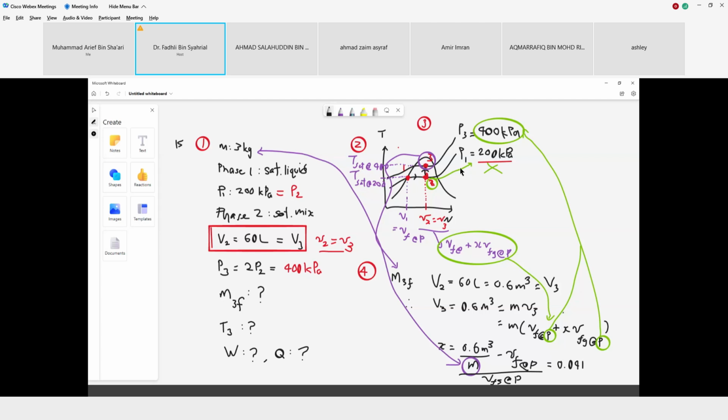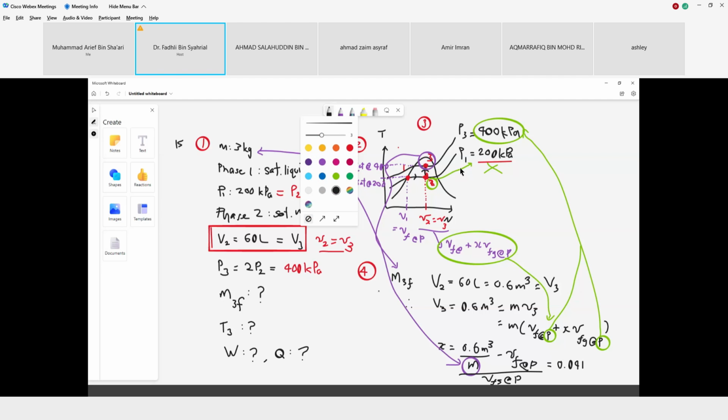Ada soalan tak untuk A? For the first question, 15A, 50. Kalau tak ada soalan, we move to second.